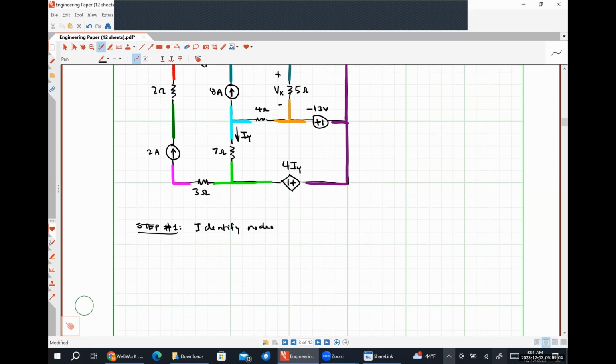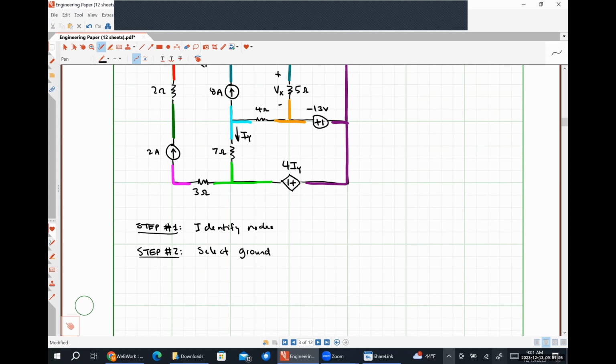Our next step is going to be to select where our ground node is. And so now I'll talk to you about how I choose my ground node whenever I have voltage sources.